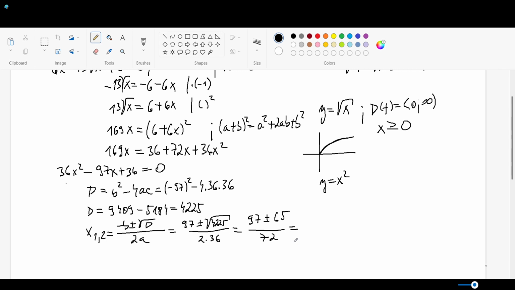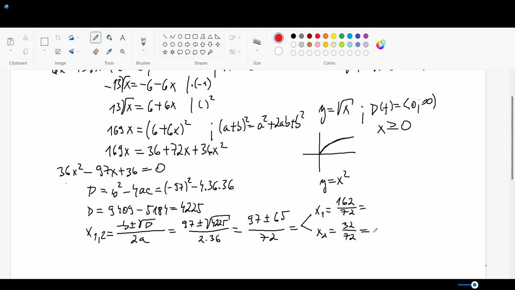Now you just calculate x1 as 97 plus 65, which is equal to 162 over 72, which we simplify somehow, and the second root is equal to 97 minus 65, which is 32 over 72.